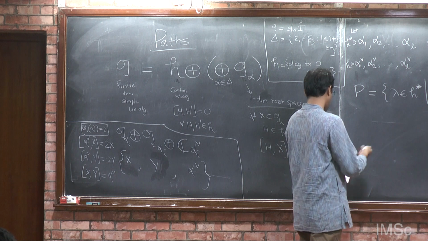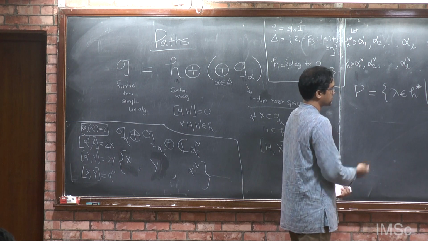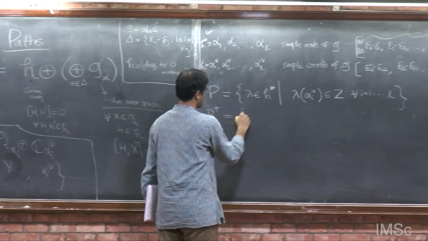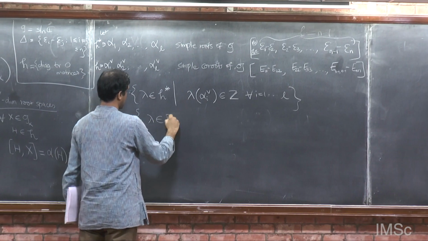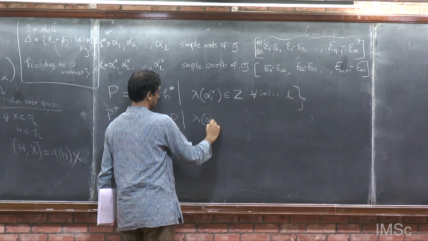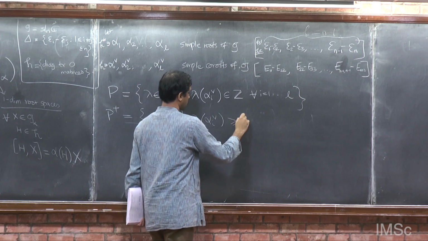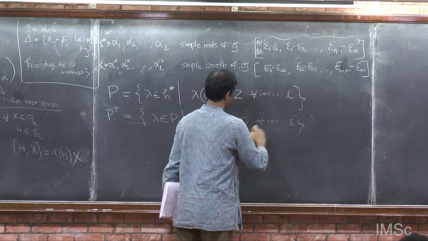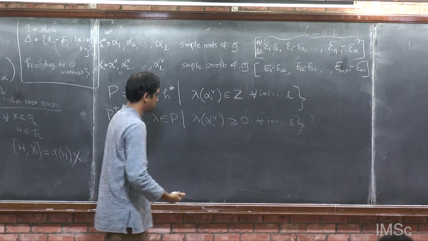We also talked about the set of dominant weights last time. P plus is all those elements of the weight lattice where this number is also nonnegative. Yesterday I had defined this a little bit differently.